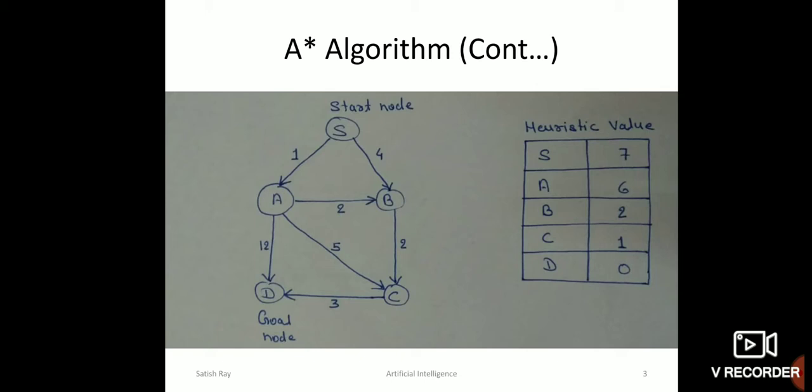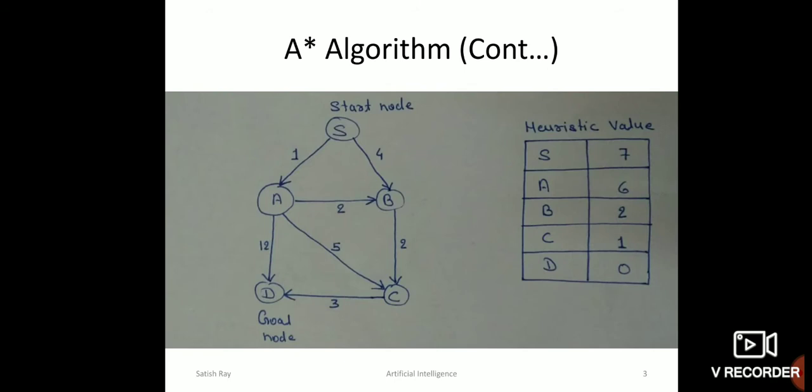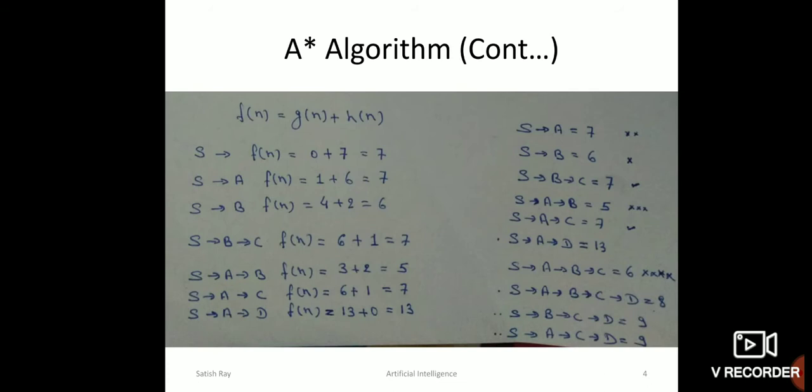So 1 plus 6 equals 7. Similarly, for S to B the f of n will be 4 plus 2 equals 6. For S to B the value of g of n is 4, given in the graph, and the heuristic value for node B is 2. So 4 plus 2 is 6.